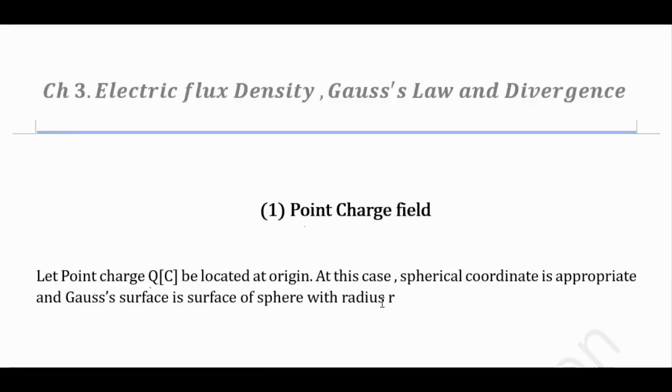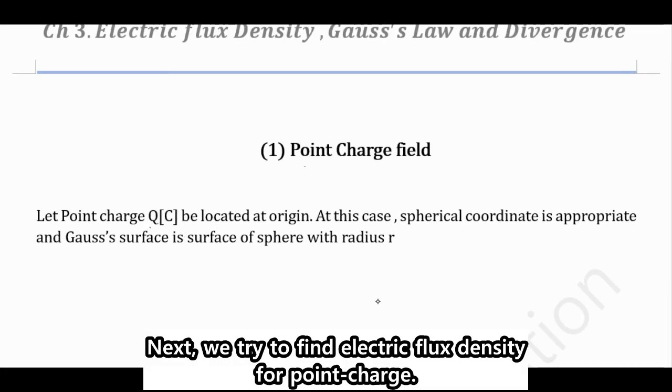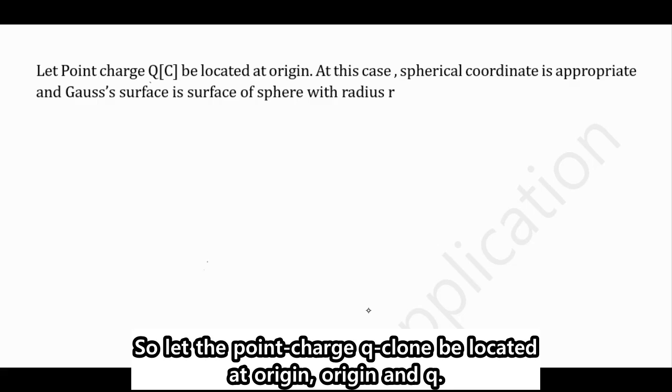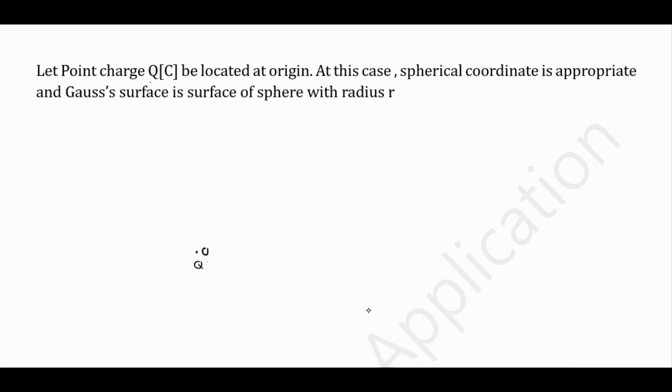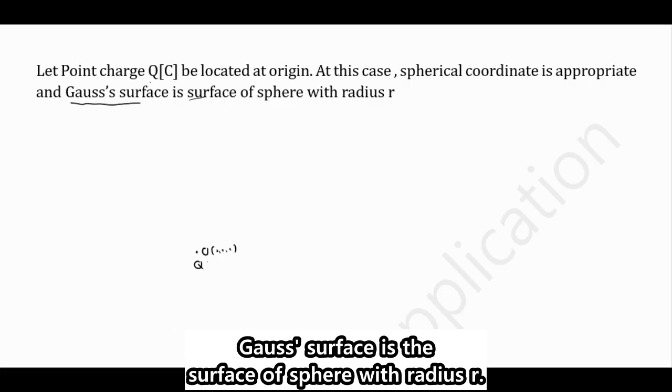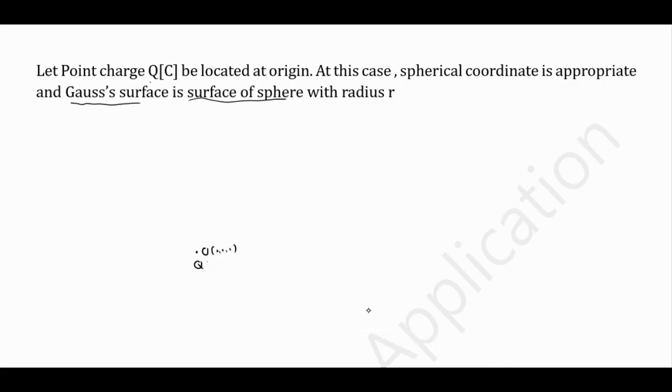So next we try to find electric flux density for a point charge. Let the point charge Q coulomb be located at the origin. In this case, spherical coordinates are appropriate, because Gauss's surface is the surface of a sphere with radius r.